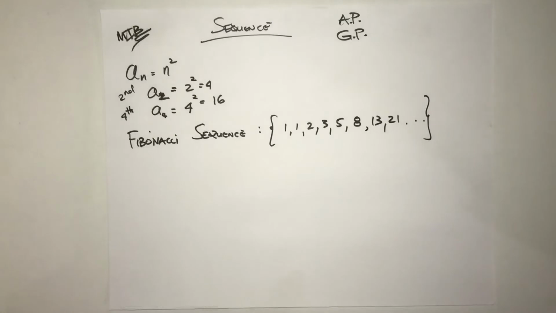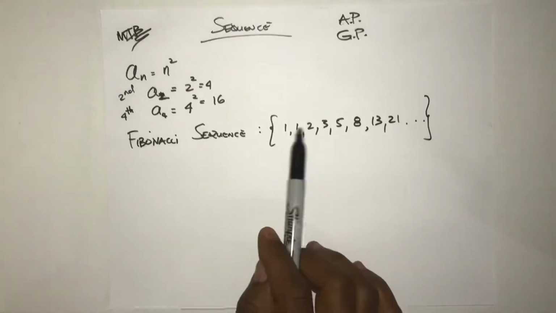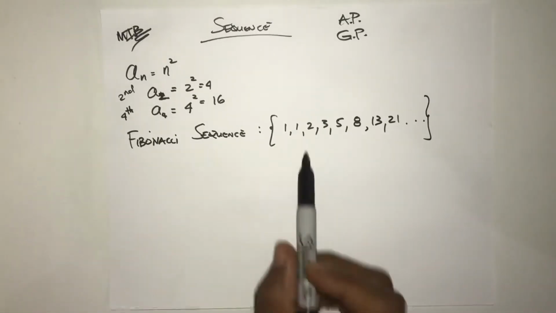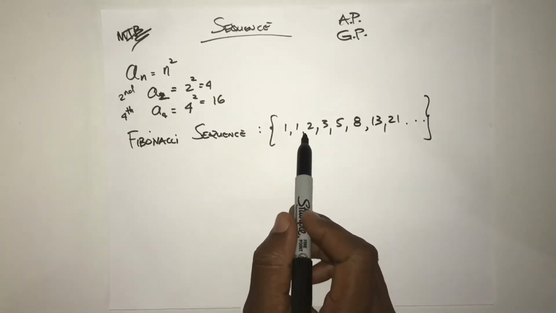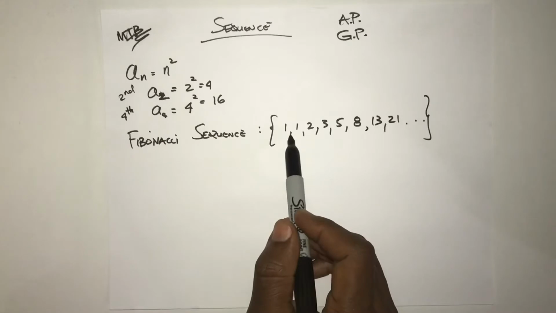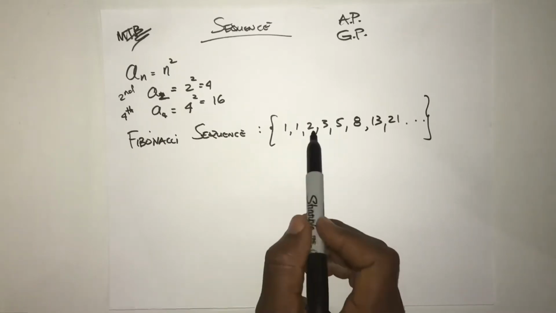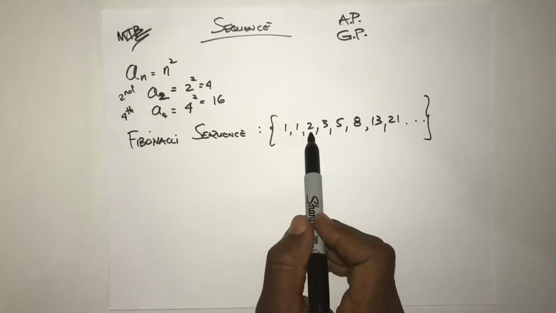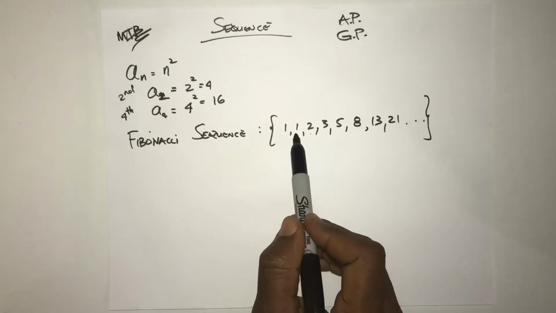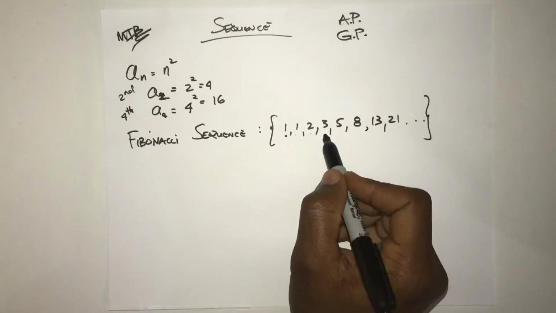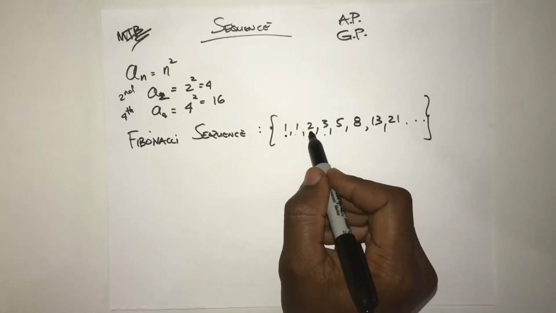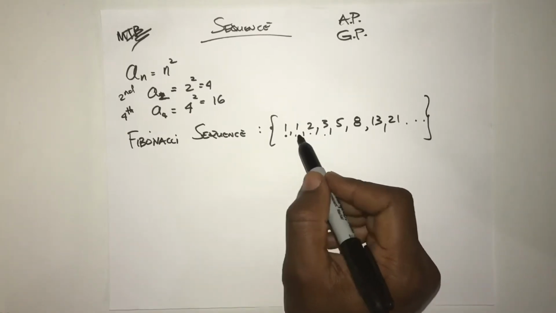With the Fibonacci sequence, generally speaking, the first two terms are given, which are 1 and 1, and the subsequent terms are found by adding the two preceding terms. So the third term, which is 2, is found by adding the second term plus the first term. The fourth term is found by adding the third term plus the second term.